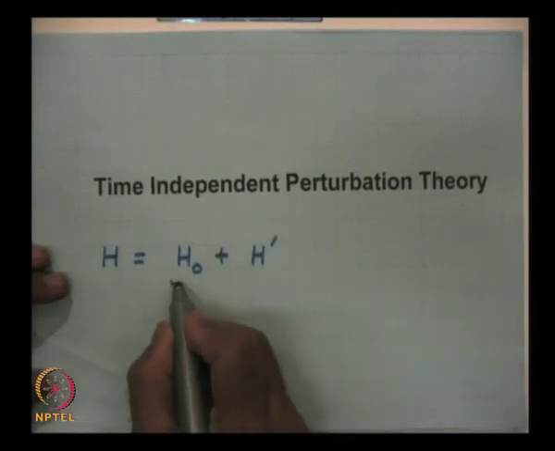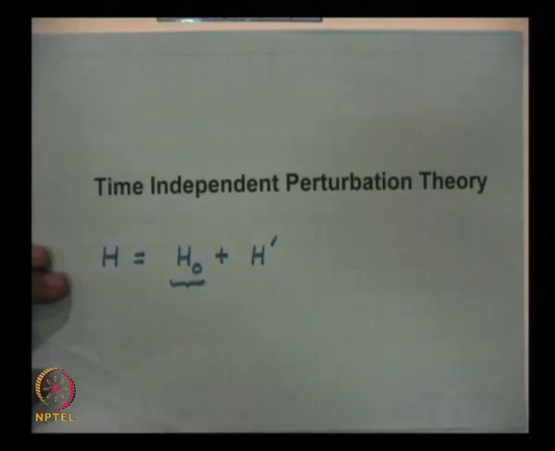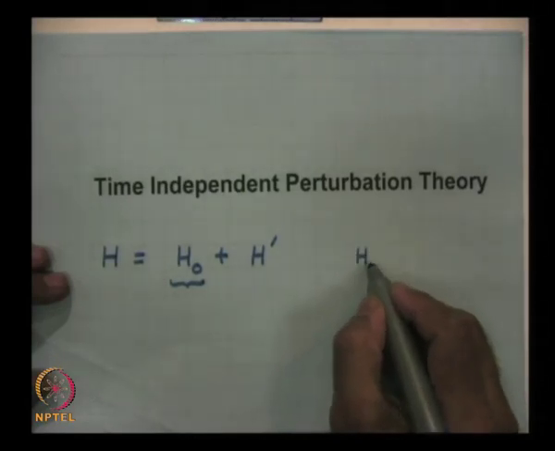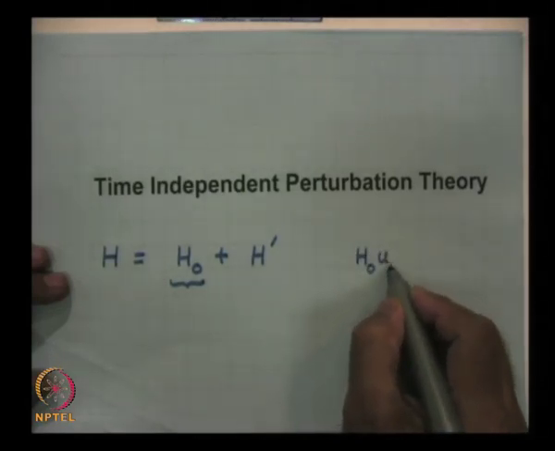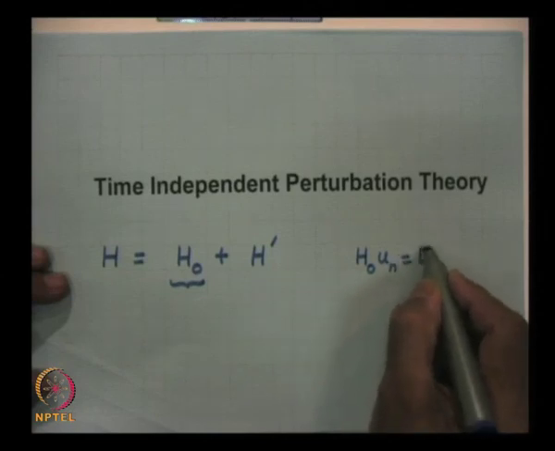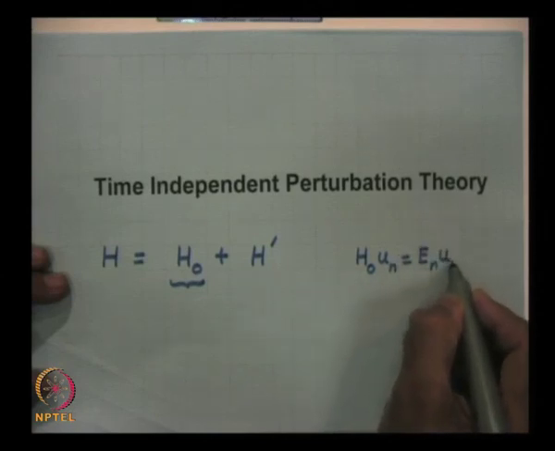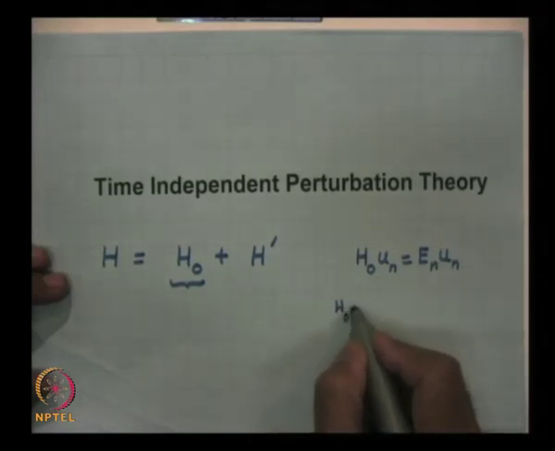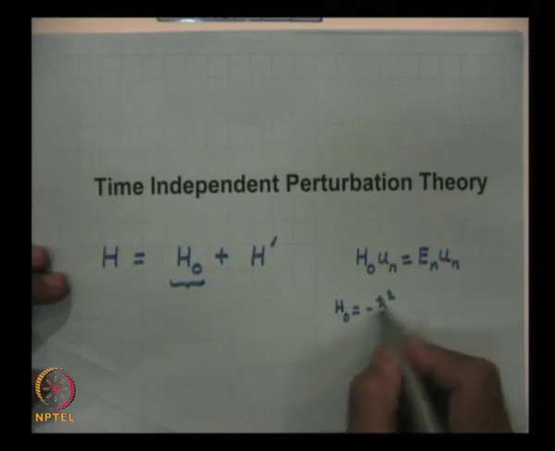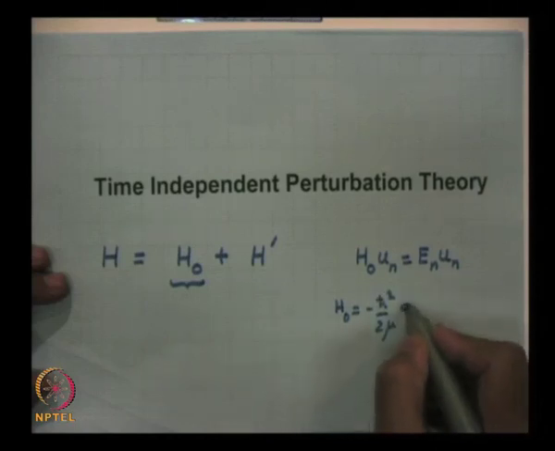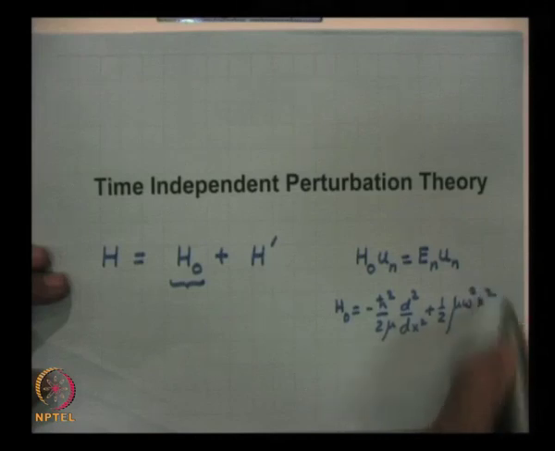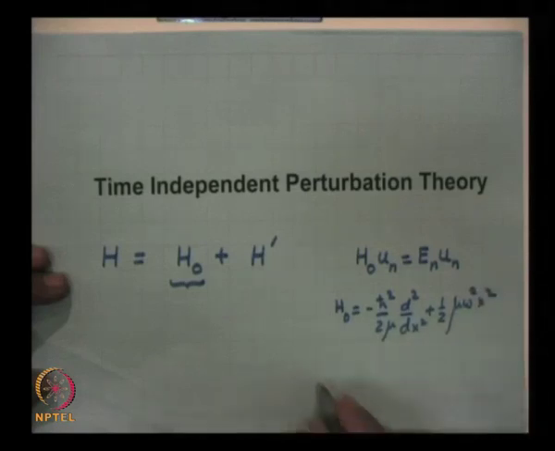Now, H naught is the Hamiltonian for which I know the solutions. So, H naught u n is equal to E n u n. For example, H naught may be the harmonic oscillator problem, like minus h cross square by 2 mu d2 by dx square plus half mu omega square x square, of which we know the solutions.